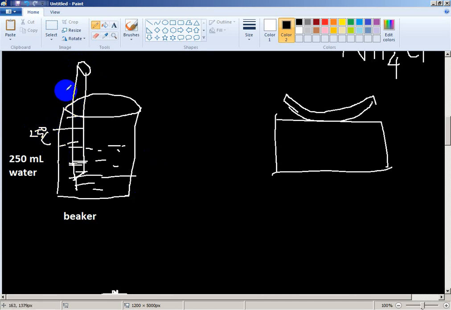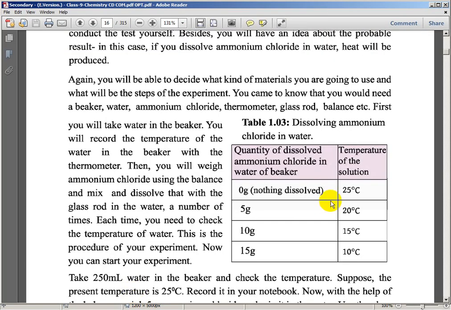This is the temperature reading here, 30, 40. So when nothing is dissolved, the temperature was 25 degrees Celsius.